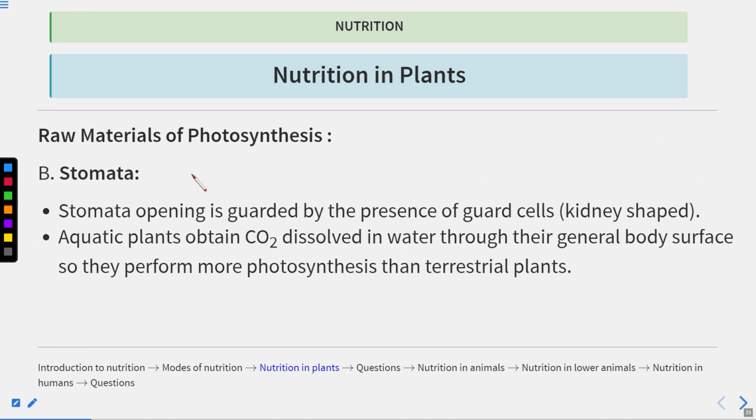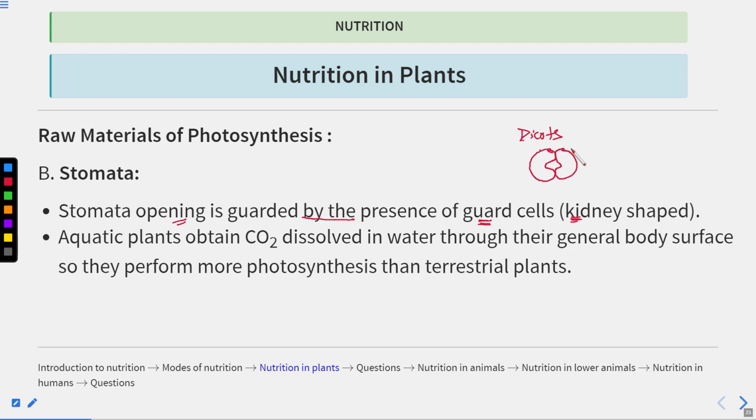Now again stomata. The stomata opening is guarded by the presence of the guard cells. The stomata is surrounded by the guard cells which are kidney shaped. If you talk about dicots, in dicots the guard cells are kidney shaped. So it looks like this. You can say kidney shaped or bean shaped.